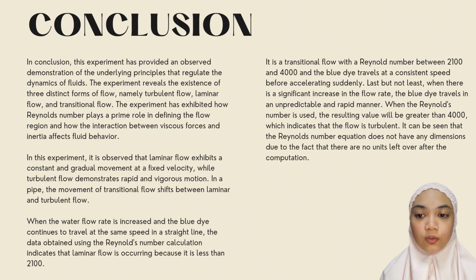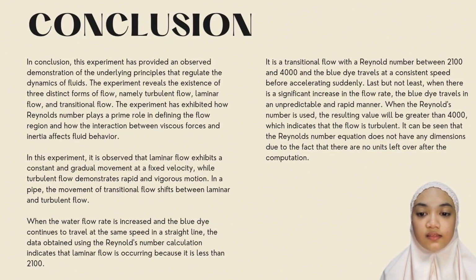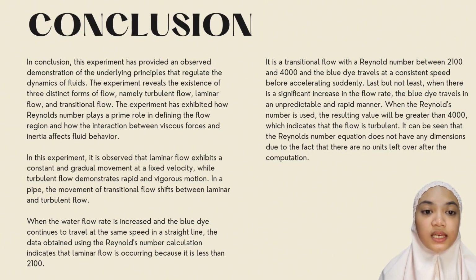When the water flow rate is increased, the blue dye continues to travel at the same speed in a straight line, and the data obtained using the Reynolds number calculation indicates that the laminar flow is occurring when it is less than 2100. It is a transitional flow when the Reynolds number is between 2100 and 4000, and the blue dye travels at a consistent speed before accelerating suddenly.